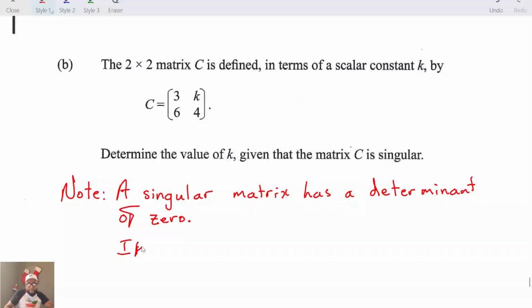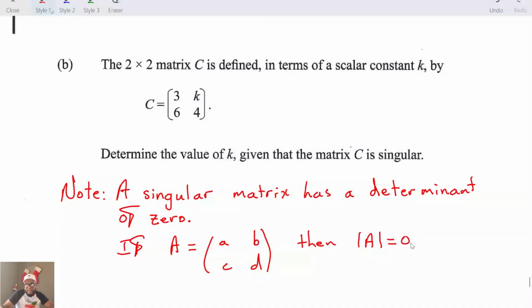So it means, let me call the matrix A. If A is equal to A, B, C, D, then the determinant of A written like this is going to be equal to 0. Right? And for those who don't know how to look at the determinant, the determinant is given by A multiplied by D minus B multiplied by C. When you work on this, you will get 0. You're supposed to get 0. All right?